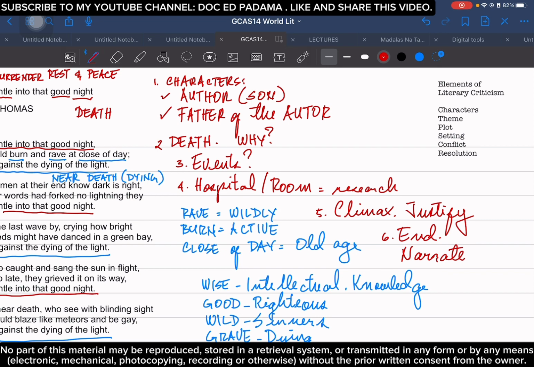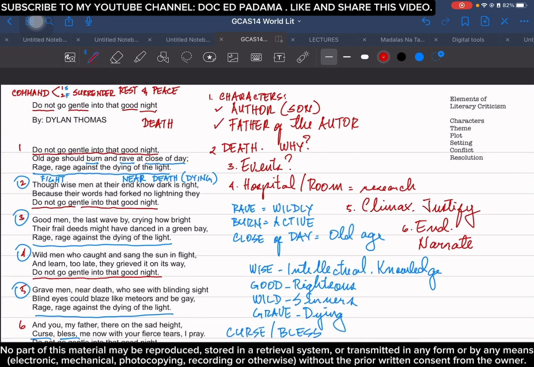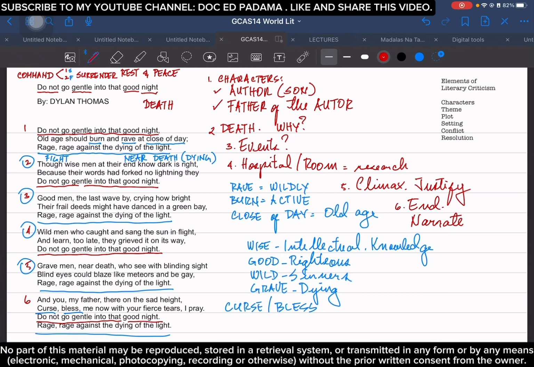So I hope you were able to learn something from this short literary criticism of the poem of Dylan Thomas, "Do Not Go Gentle Into That Good Night," and whatever strategy and approach that we used in this particular literary criticism will be carried over to the other literary pieces that will be assigned to you.